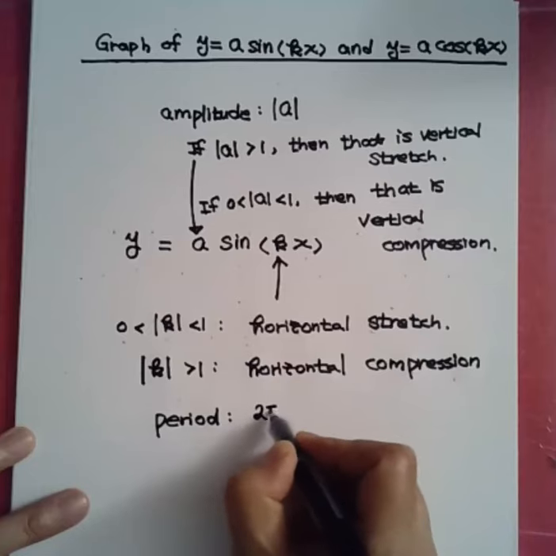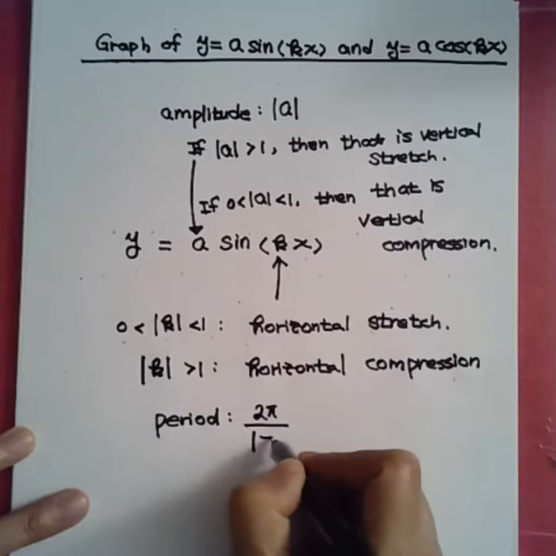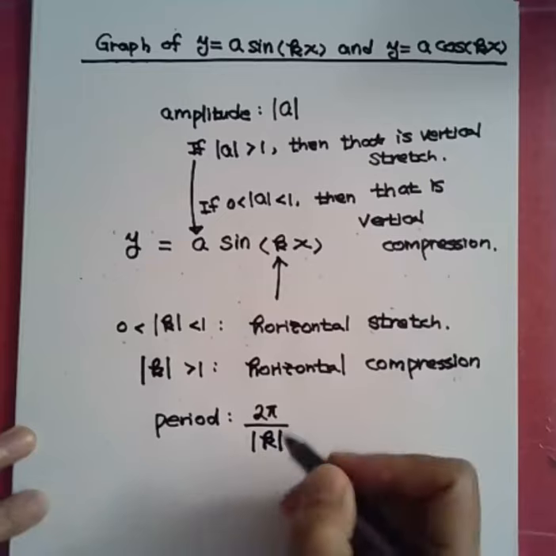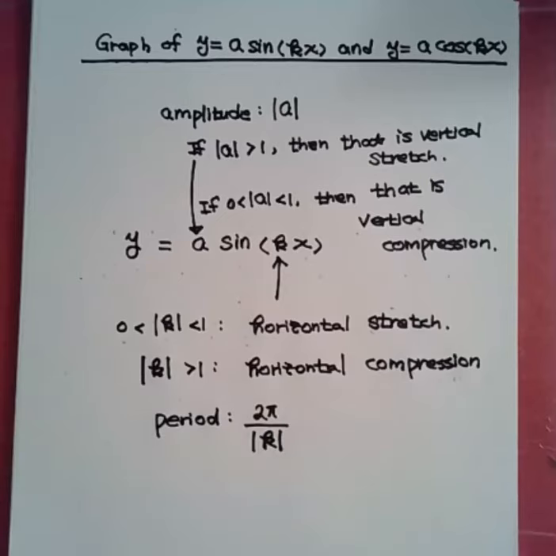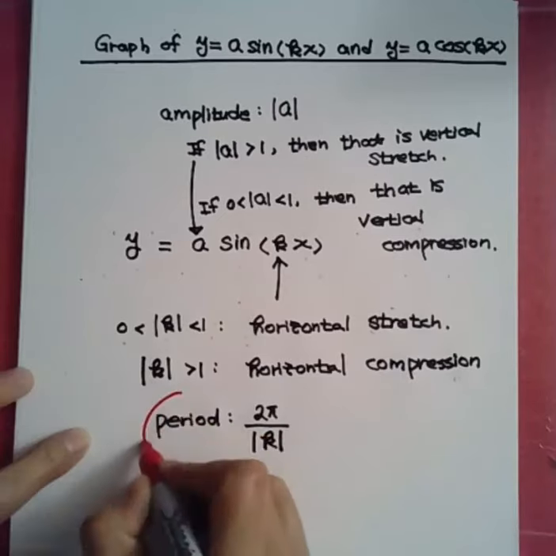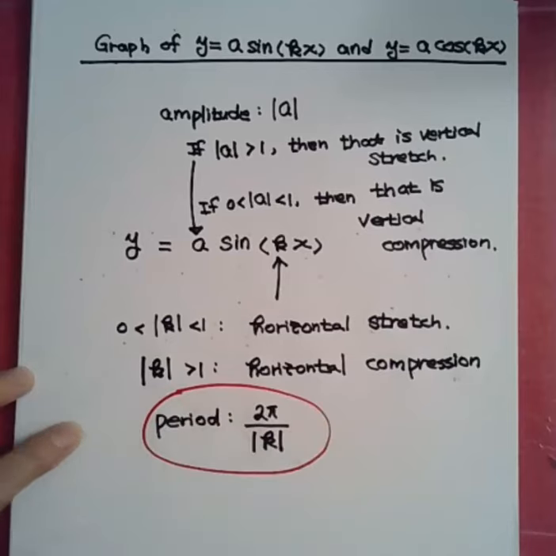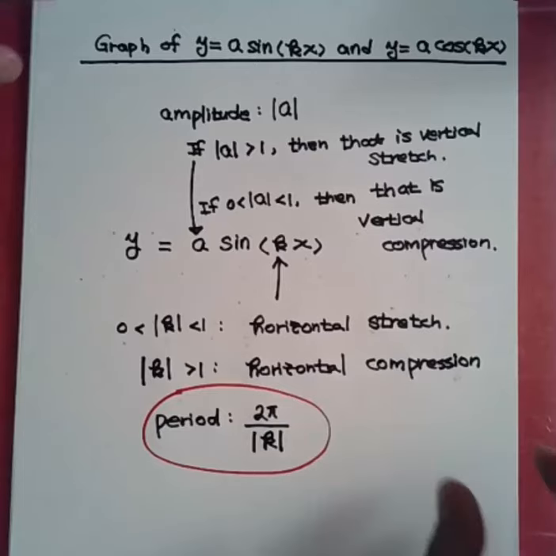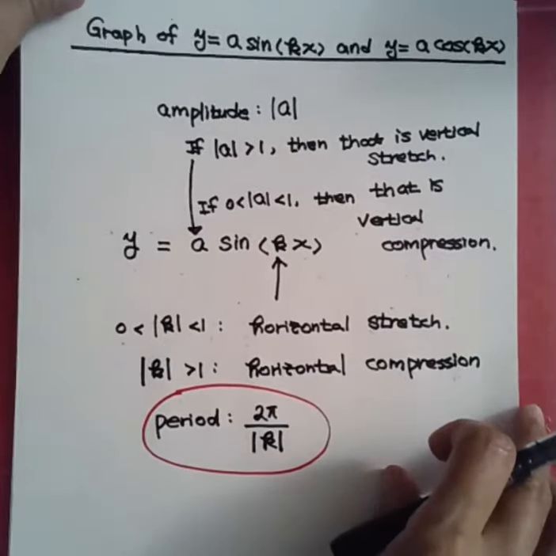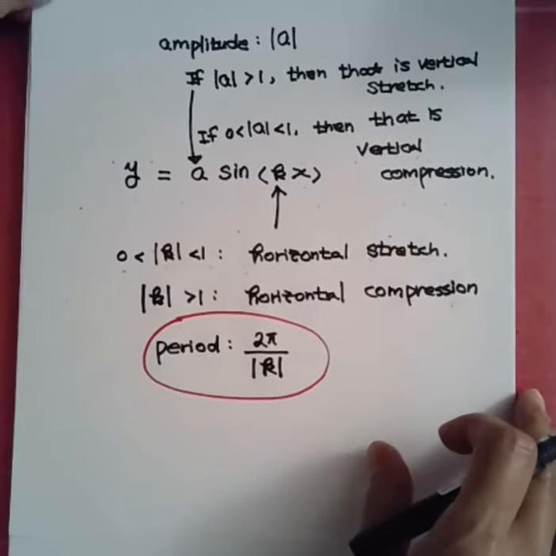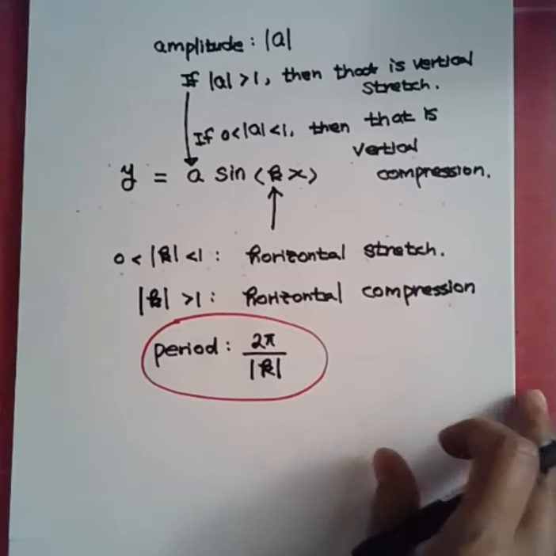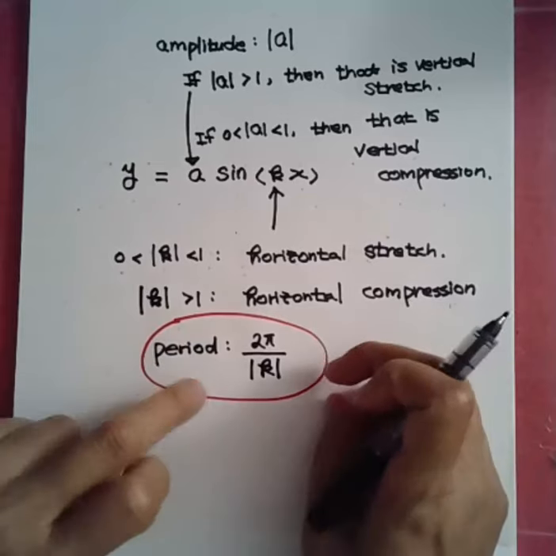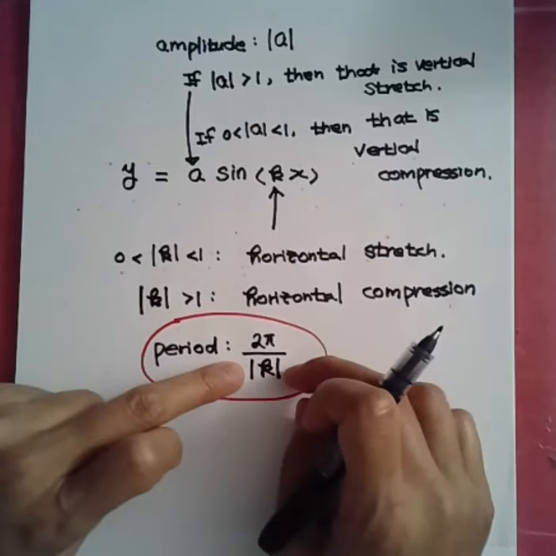The period formula is 2 pi divided by the absolute value of k, which is very important to remember. Indeed, if you just think about the period formula, k is in the denominator.